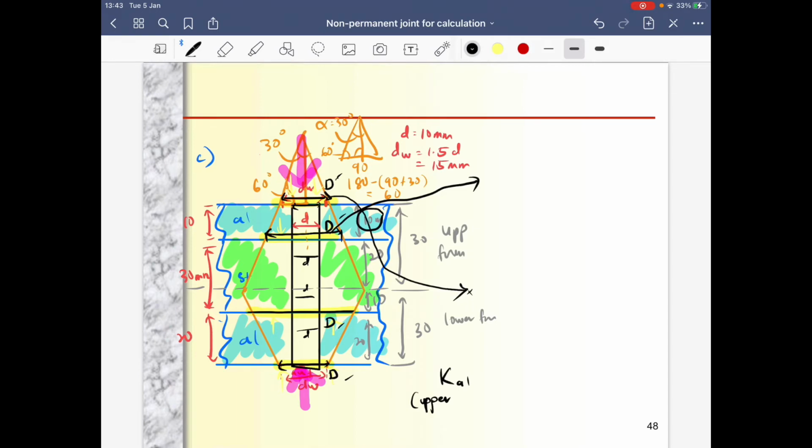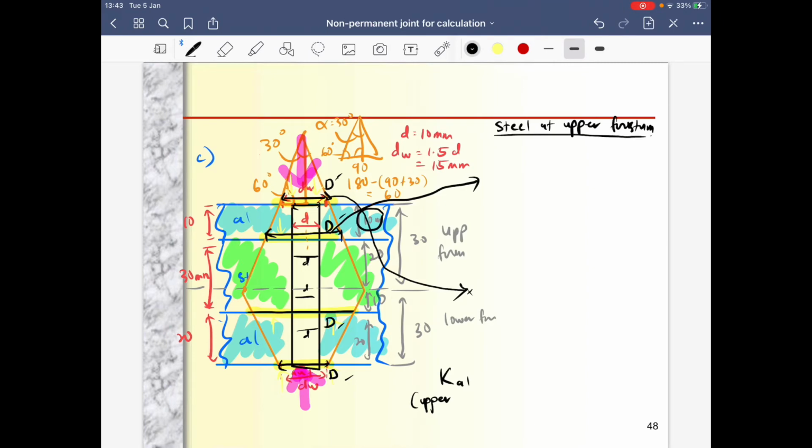Okay, upper frustum. So now we calculate for the steel at the upper frustum. Before, that was aluminium at the upper frustum. So now steel at the upper frustum.